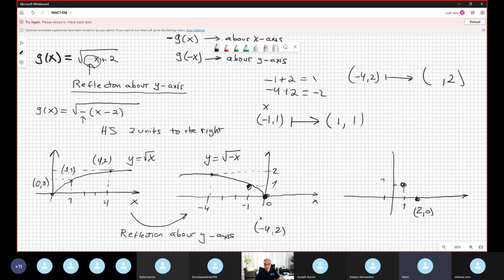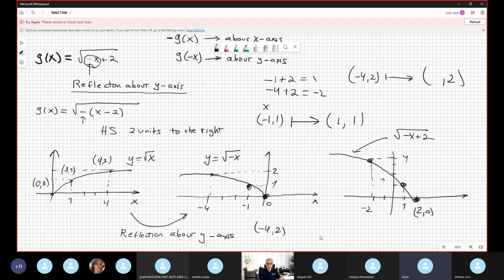So (-2, 2) is here. And this is our graph. It represents the original square root function, reflected and shifted.